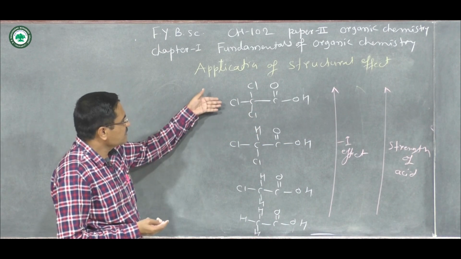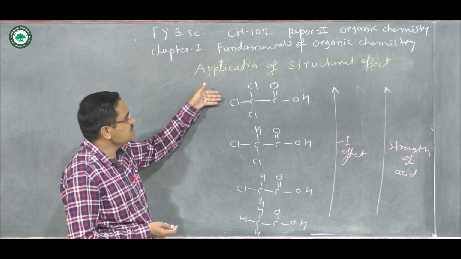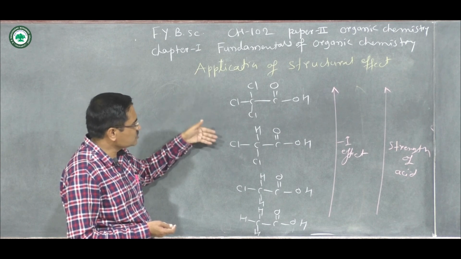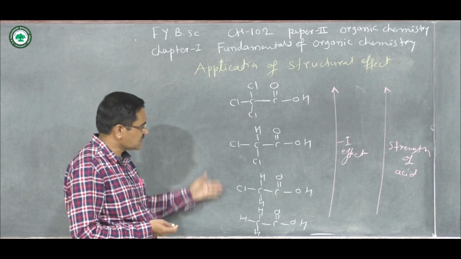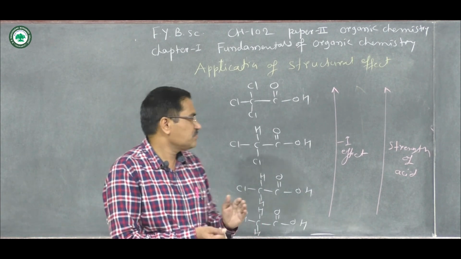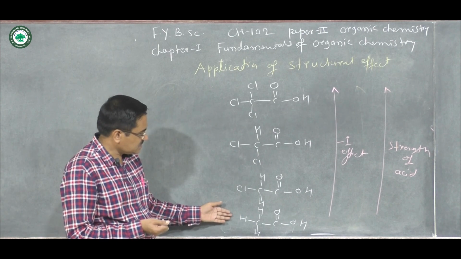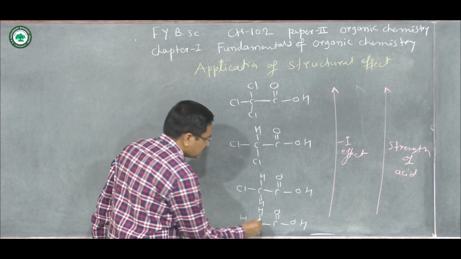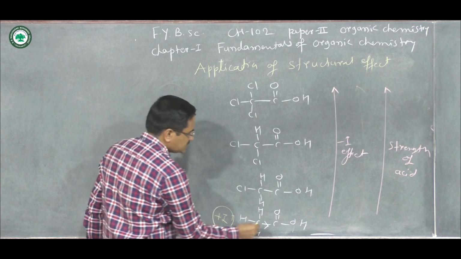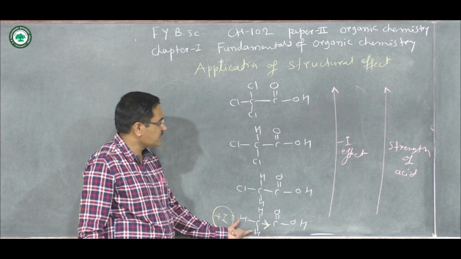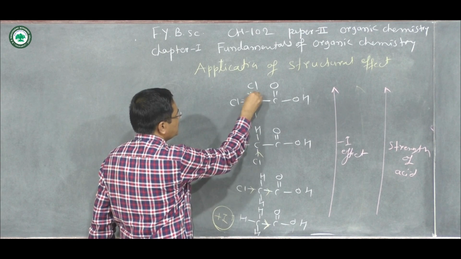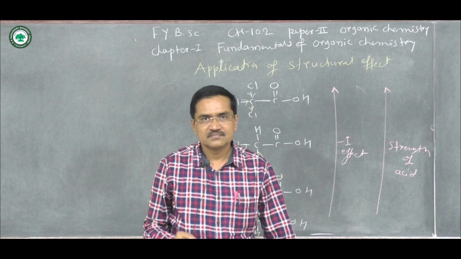Means trichloroacetic acid shows more strength of acid as compared to this one, and among all these, acetic acid is a very weak acid because there is no minus I effect but there is plus I effect, because the CH3 group shows plus I effect and the chlorine group shows minus I effect. Okay, thank you.